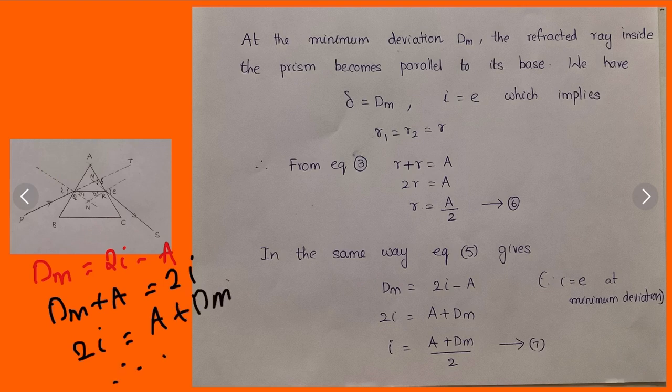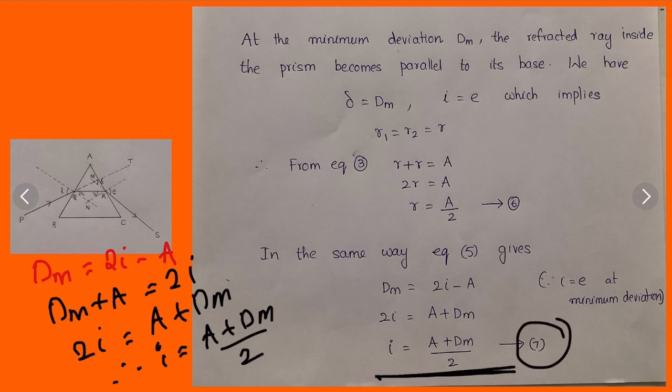Therefore, I is equal to A plus dm divided by 2. So, that is what I have written as equation number 7: I is equal to A plus dm by 2.